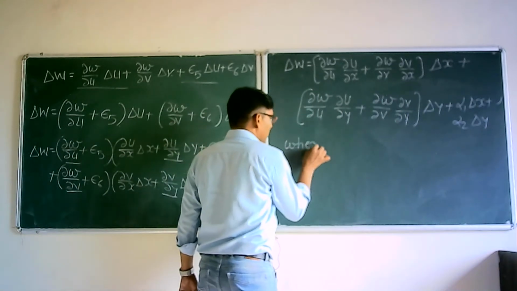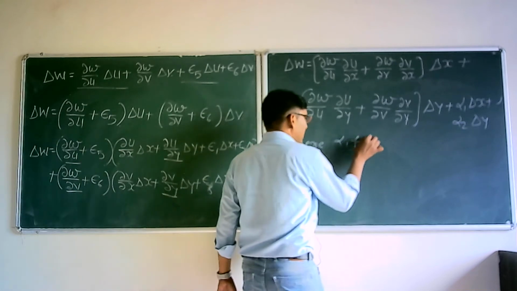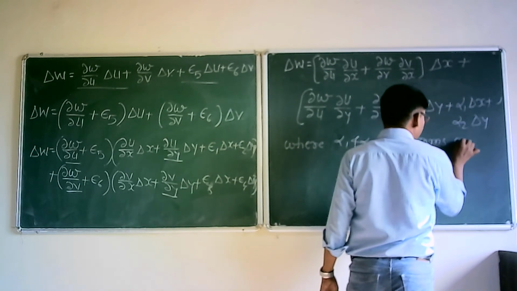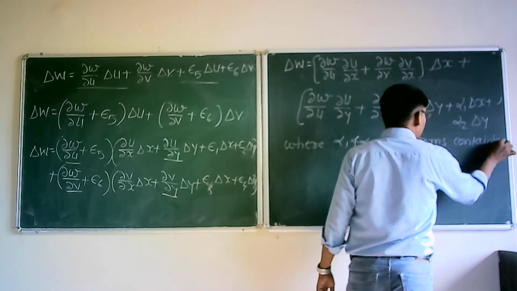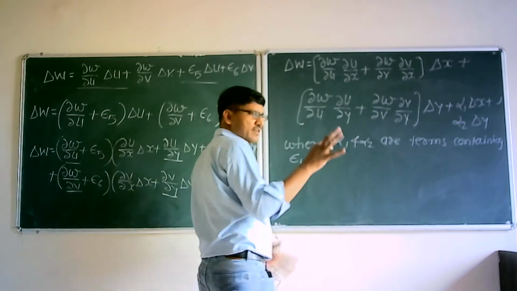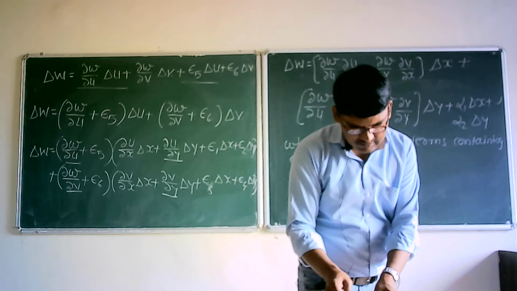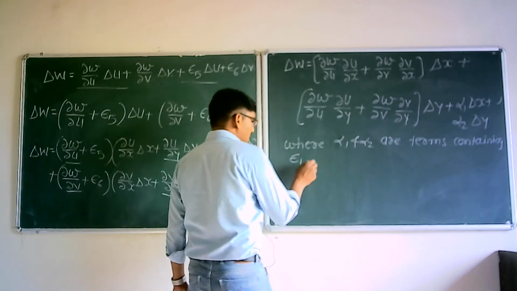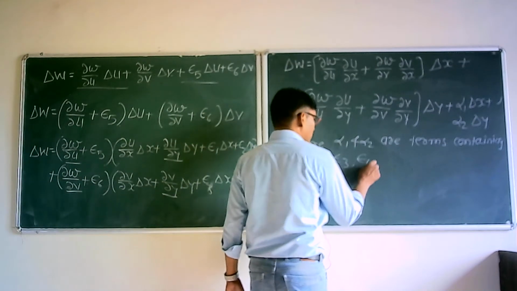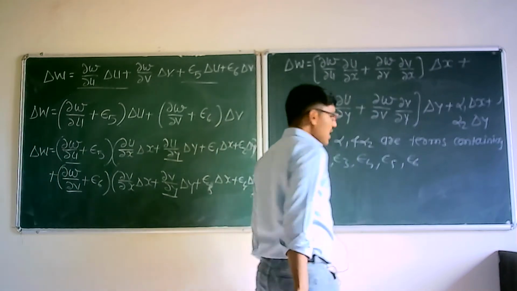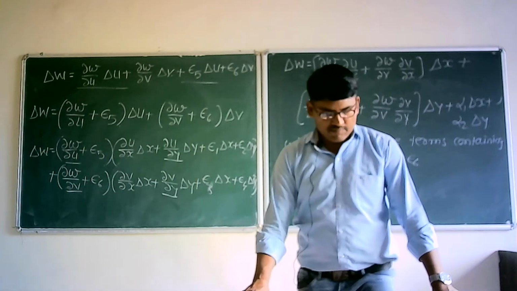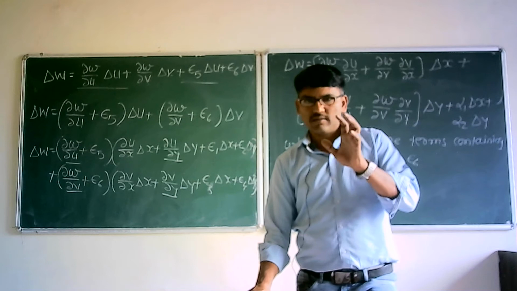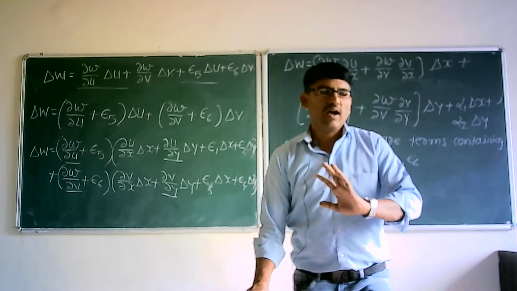Alpha 1 and alpha 2 are the sum of the terms, each containing factors of epsilon 1, epsilon 2, epsilon 3, epsilon 4, epsilon 5 and epsilon 6.